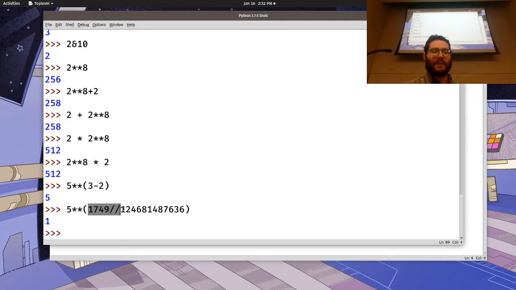So here, remember, you've got integer division. This is going to be some small number divided by some really big number, but we're doing integer division. Now, if we had one division sign, this would be 0 point something small, right? Some small number less than 1. Well, integer division, remember, you just throw it out. So it would be 0 point up. Don't care about the point, so it'd be 5 to the 0th power.